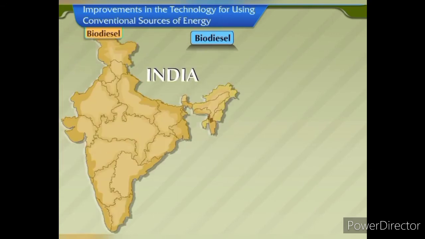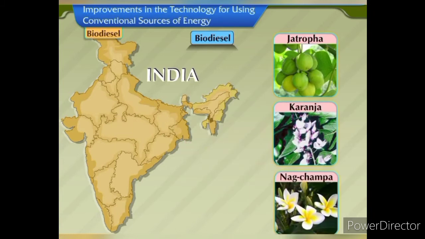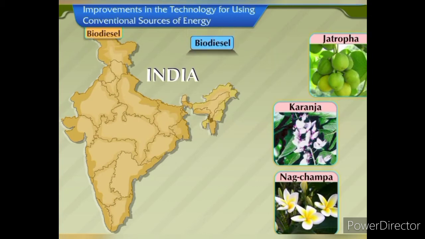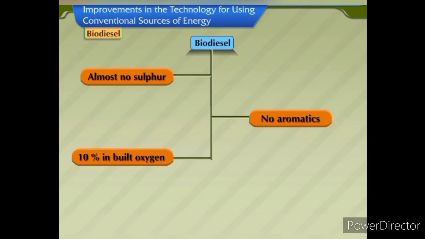In India, oil is obtained from seeds of jatropha, karanj, and nag champa, and it is used in the production of biodiesel. It is considered as a clean fuel since it has almost no sulfur, no aromatics, and has usually 10% inbuilt oxygen, which helps it to burn completely.